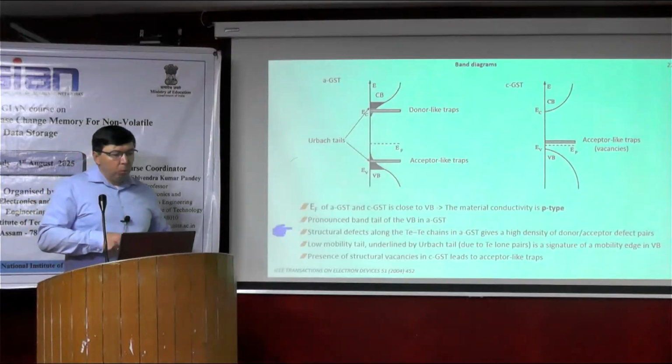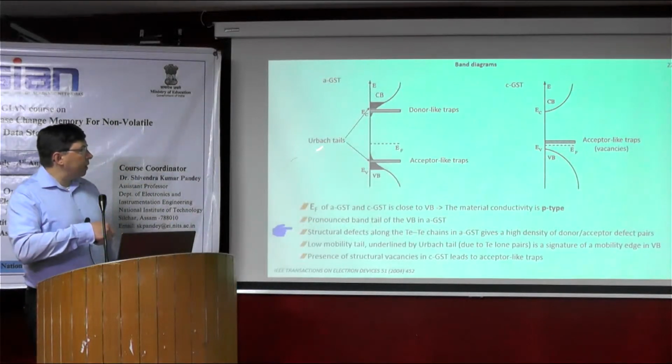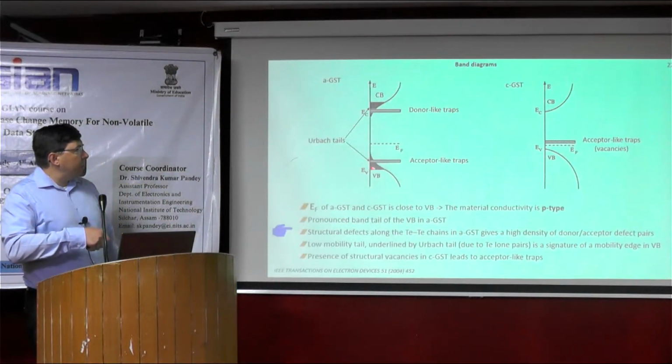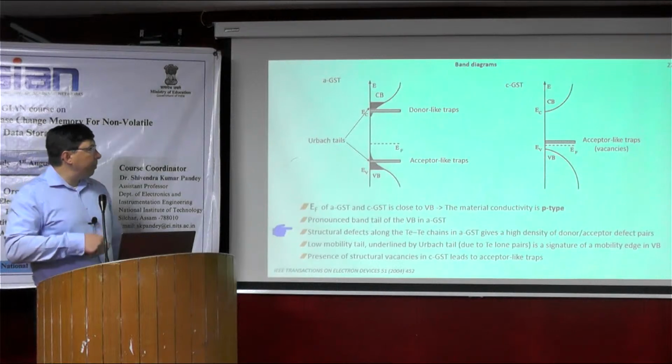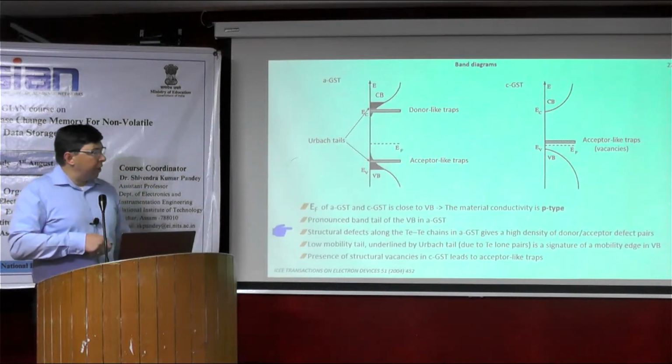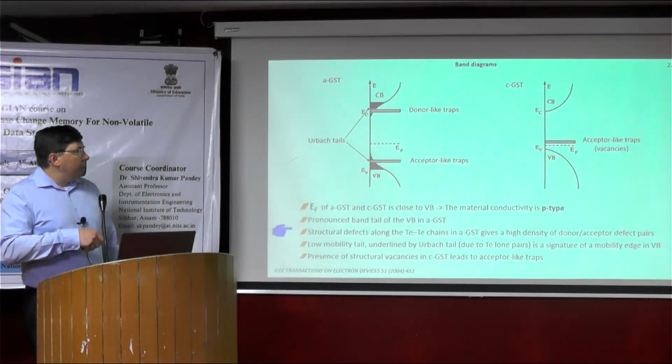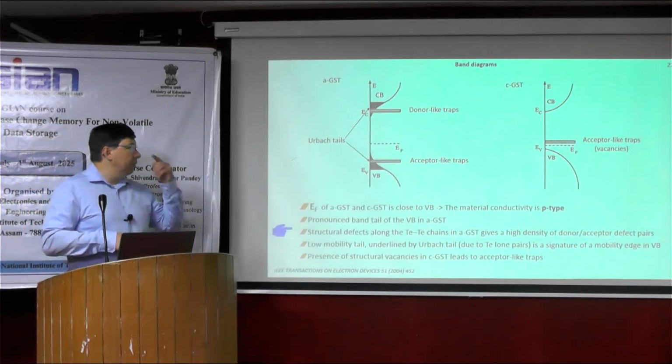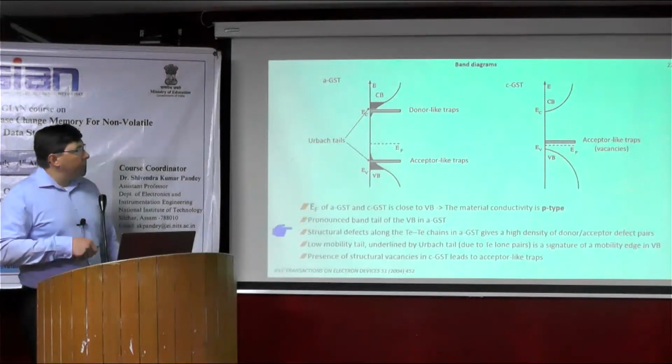We know that in amorphous materials there are Urbach tails close to the valence band and conduction band, and some measurements show that the Fermi level is located close to the valence band in the amorphous phase change material GST.